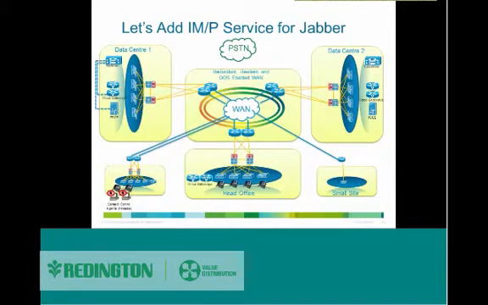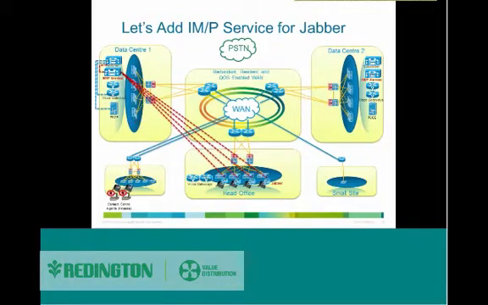So on a network, how are we going to integrate the instant messaging and presence services? Alongside the Cisco Call Manager and the voice gateway, we will place another instant message and presence server on the network, and we can install the Jabber client on the end user desktop or on mobile devices.